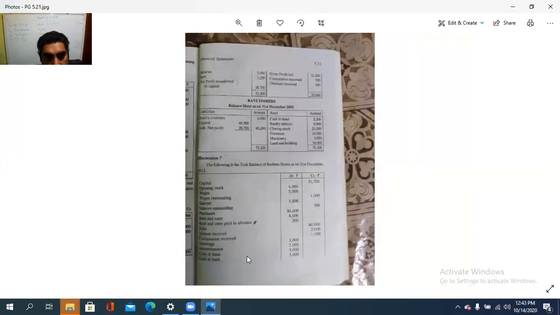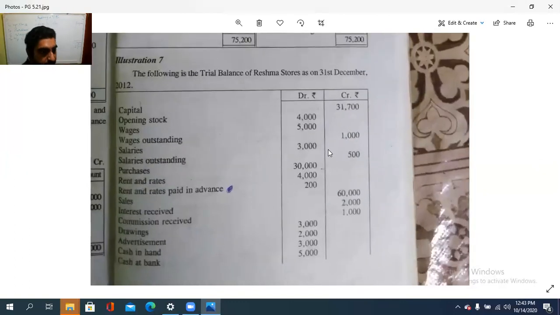Next, what are the other items in the P&L account? To salaries, how much? 3,000. Then to rent and rates, it is 4,000.